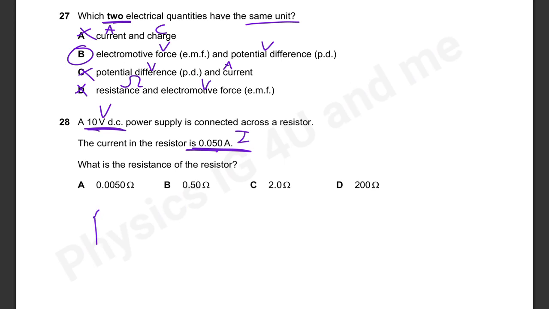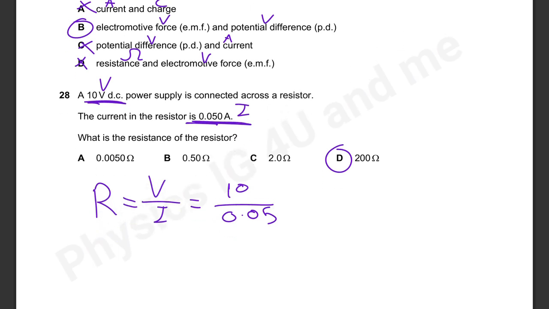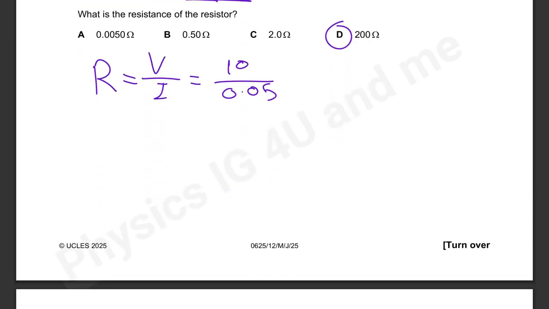We know already that R equals V over I, which is going to be 10 over 0.05. Okay, and the answer, if I use my calculator, is going to be 200, right? 200 ohm, exactly. It's option D. Let's go to question 29.